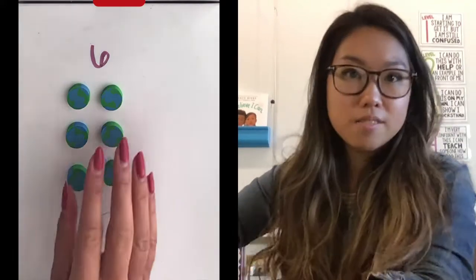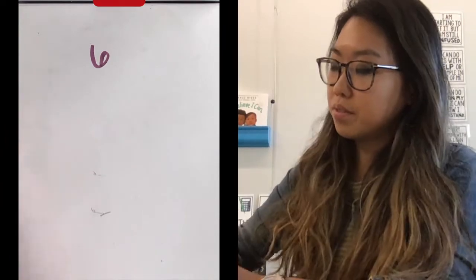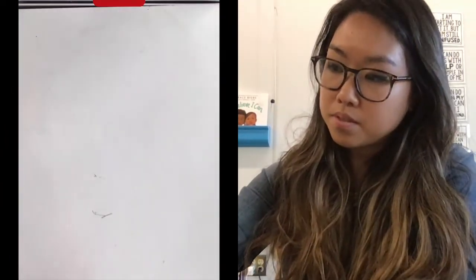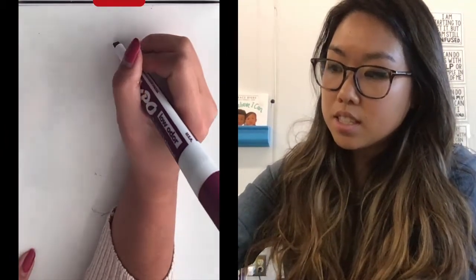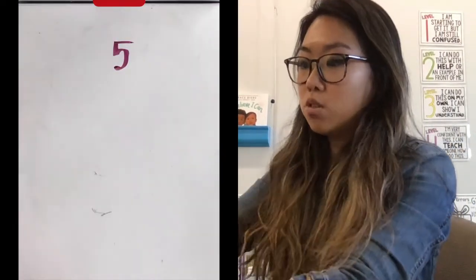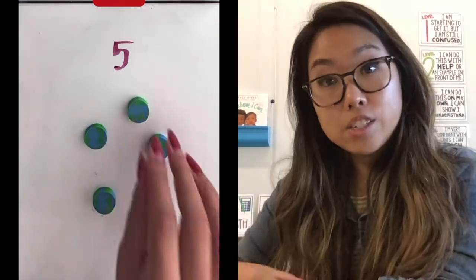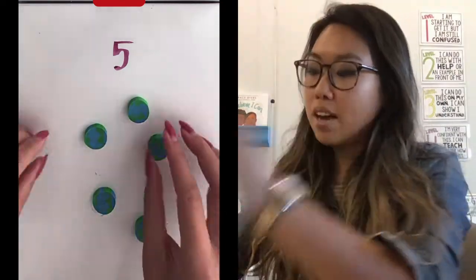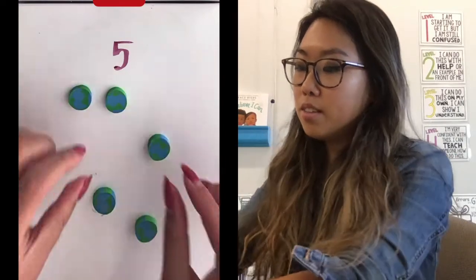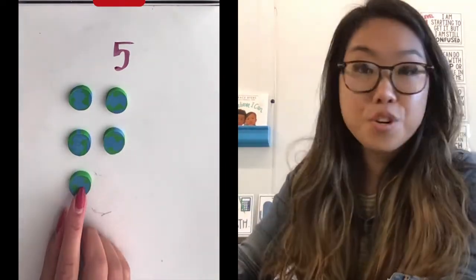But let's look at a different number. This is the number 5. So let me get out 5 of my tools. And now I need to think, can they each have a partner? I can see one partner here, one partner here, but this one has no partner.